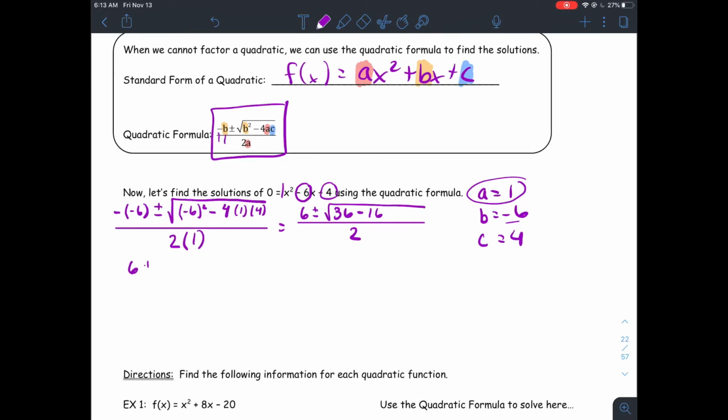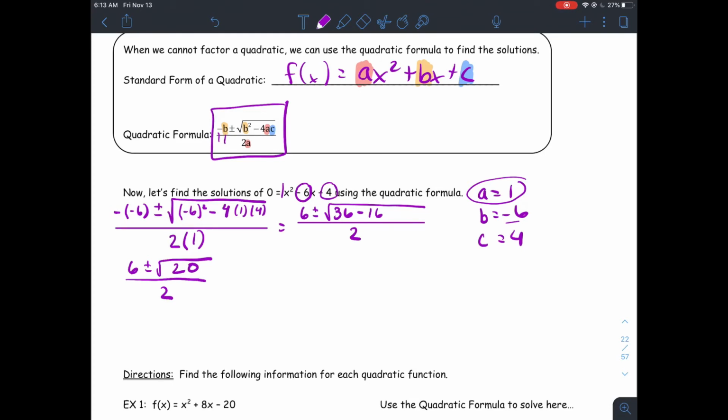We've got 6 plus or minus the square root, and now let's do 36 minus 16. I apologize. That's going to give us 20. And then we have that all over 2. All right.